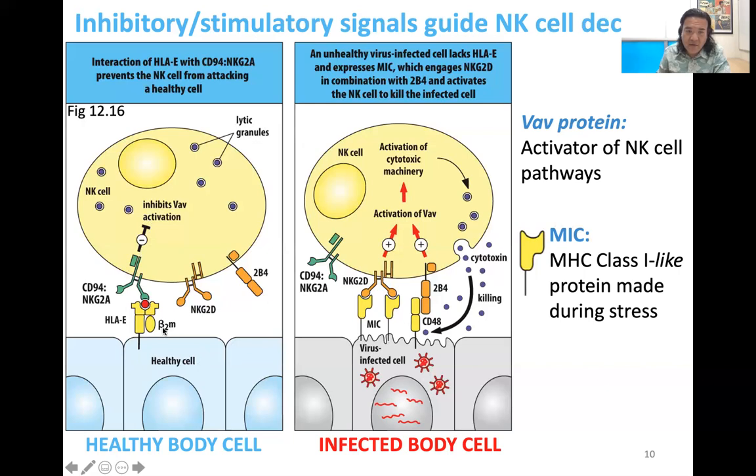So if you have lots of HLA-E, let's say the normal level, then you'll have lots of these green receptors on the surface of the NK cell sending inhibitory messages into this NK cell. And as a result, the NK cell will say, okay, that's fine, I'm not going to activate.